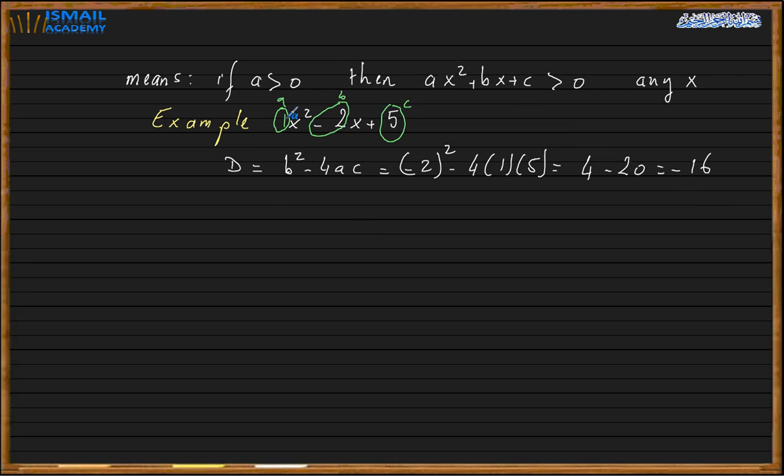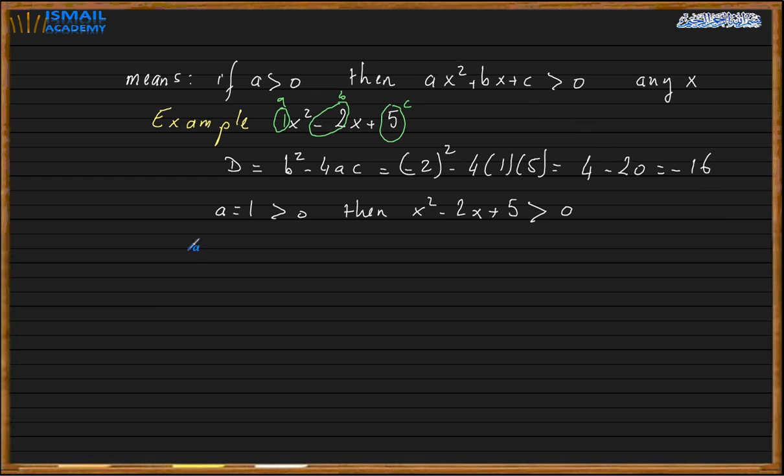So here a equals 1 and it's positive, so x squared minus 2x plus 5 is always positive. You choose any x, you substitute it here, and it is always positive, however big or small.